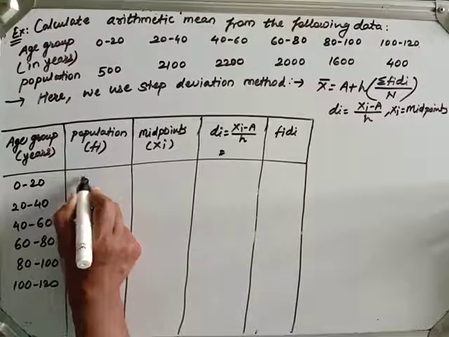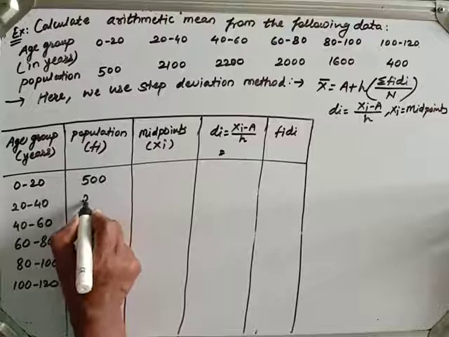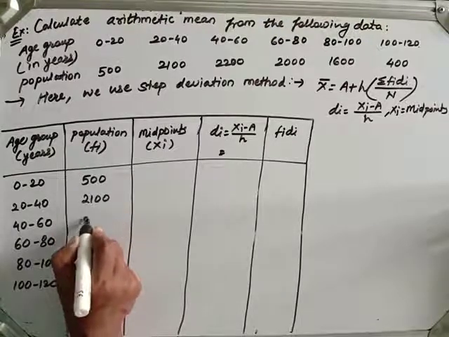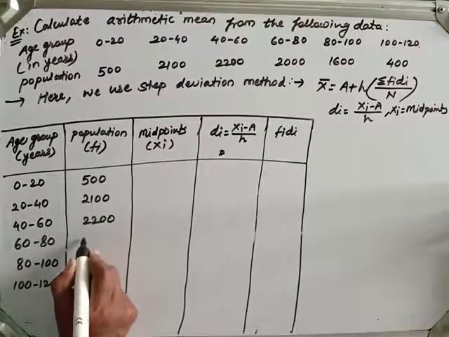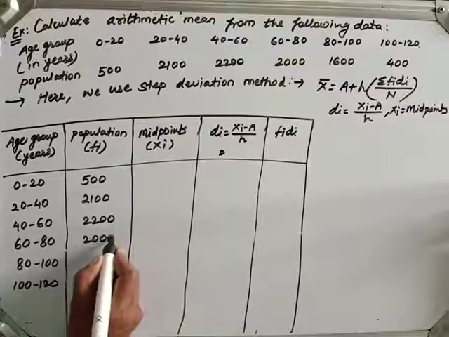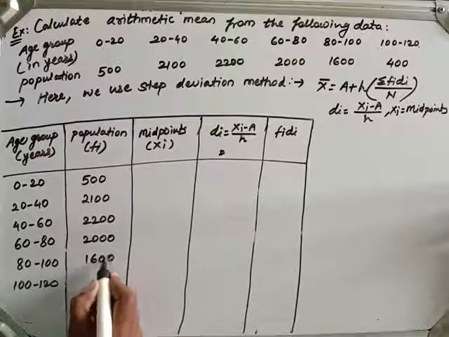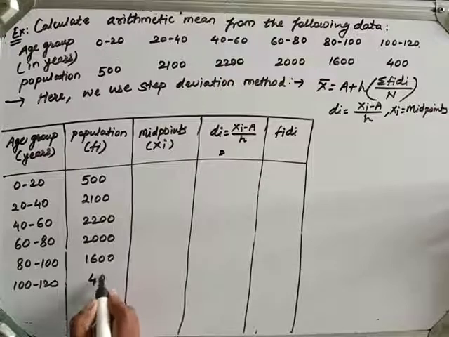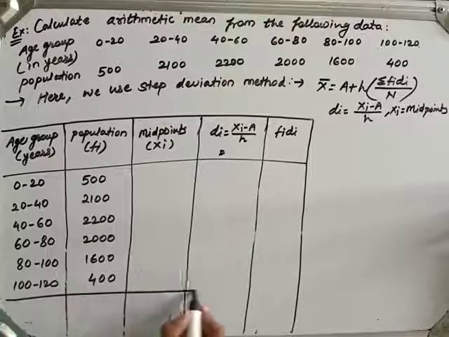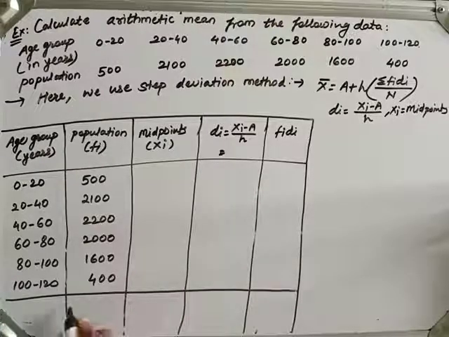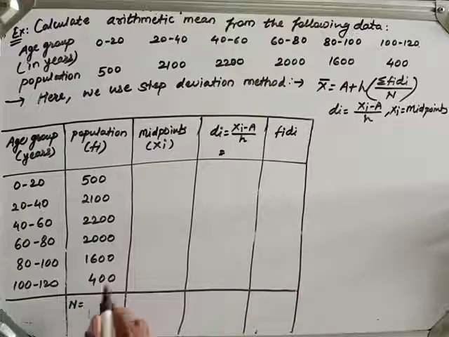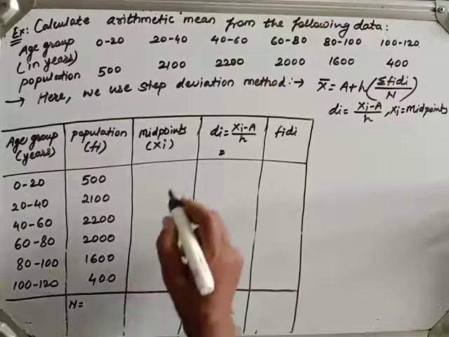The corresponding frequencies are 500, 2100, 2200, 2000, 1600 and 400. We have to determine some totals from this. This total will be capital N. Fine. We will determine it.